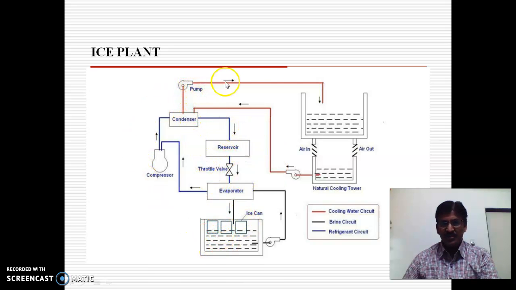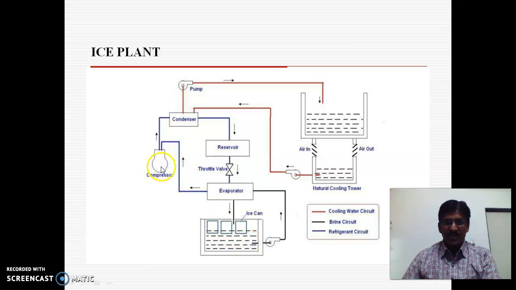The heat taken from the brine by the primary circuit is rejected into the condenser; here you can see the water cooling circuit. In that we are rejecting whatever heat is taken from the brine, and we are first maintaining a very low temperature of the brine.